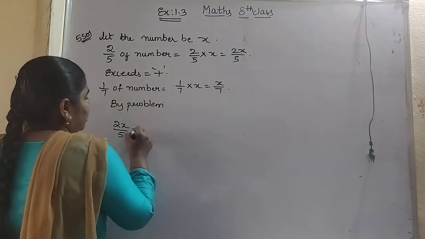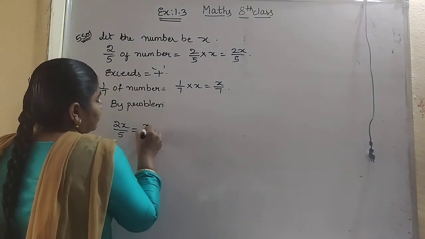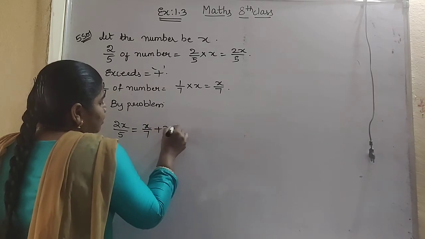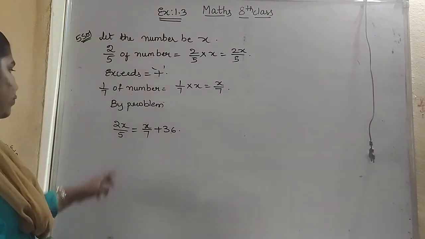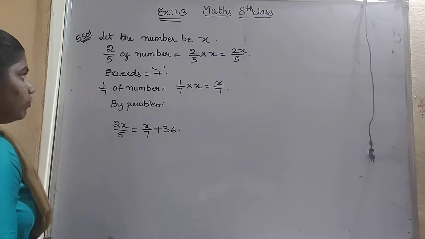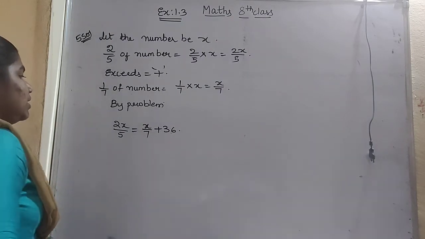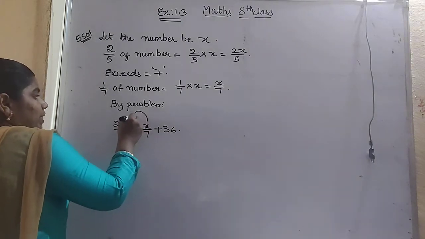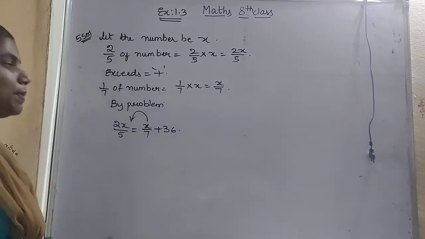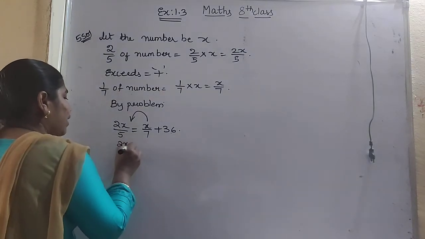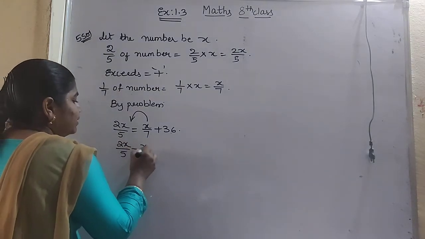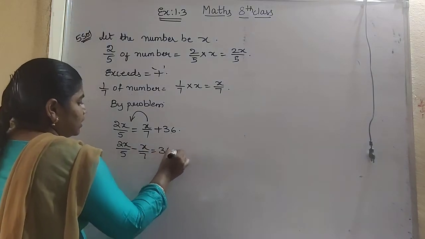That will be equal to 1 by 7, which is x by 7, plus 36. Now we have to find this x value. So how to find this x value, we will see. Transpose this x by 7 to the other side, that will become subtraction. So 2x by 5 minus x by 7 is equal to 36.